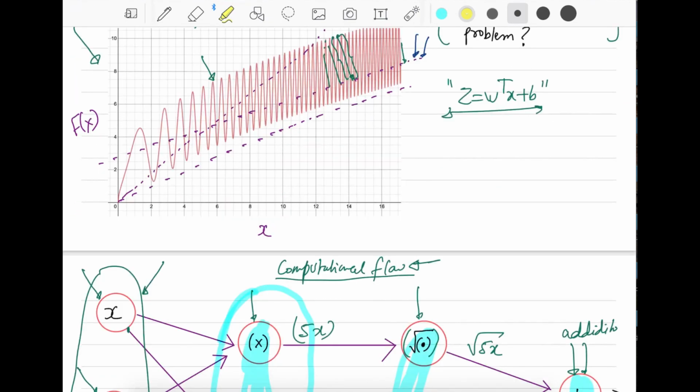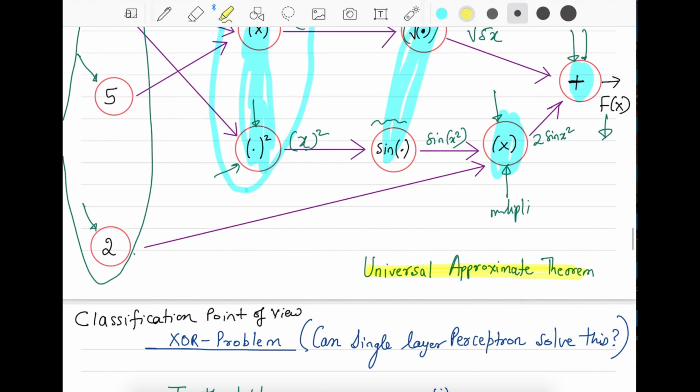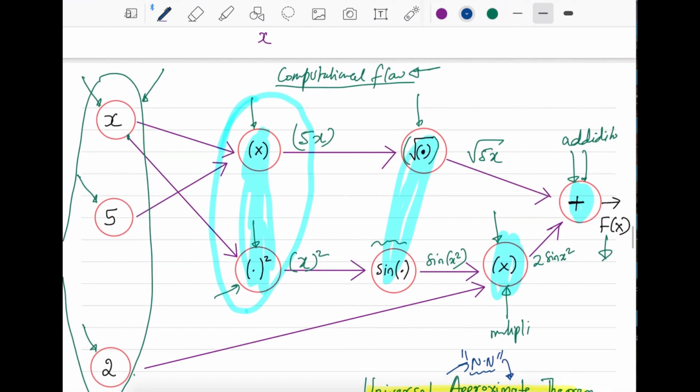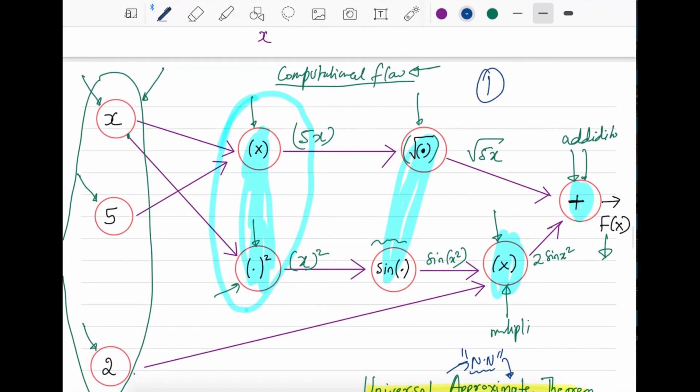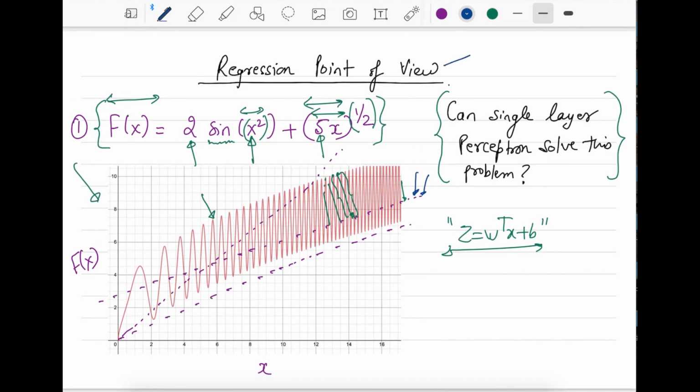That's why it is called the universal approximation theorem for neural networks. They have shown that neural networks can do a very good approximation of any function that you give to it. So this is one of the main reasons, from a regression point of view, that we are moving to multiple layers instead of a single layer.